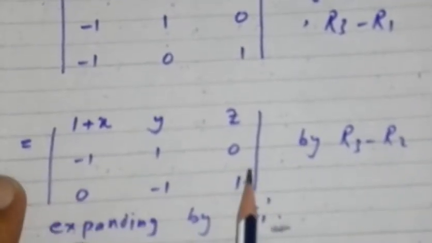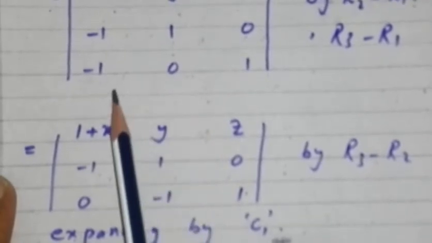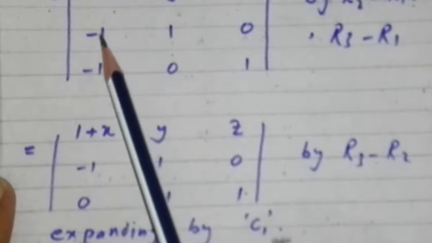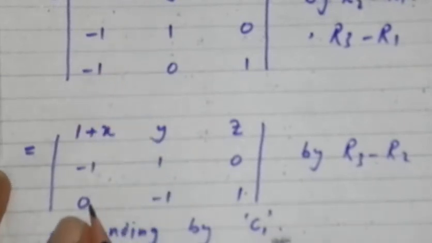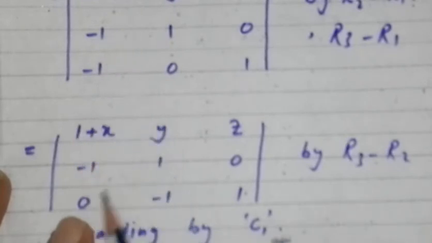Now subtract row third from row second, so 1 minus 1 we get minus 1, minus 1 plus 1 we get 0, and here 0 minus 1 we get minus 1, and 1 minus 0 we get 1.